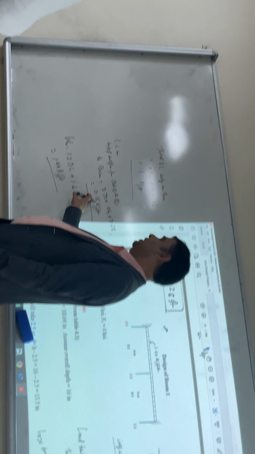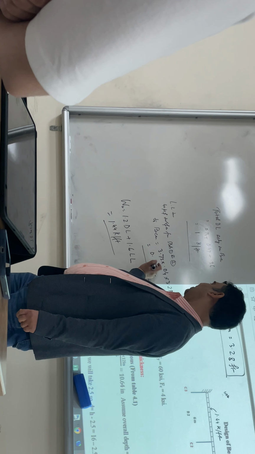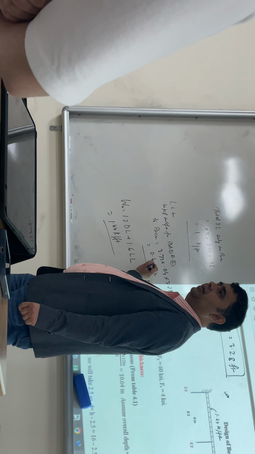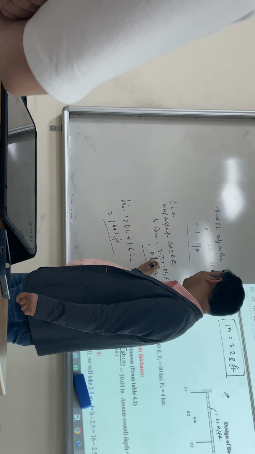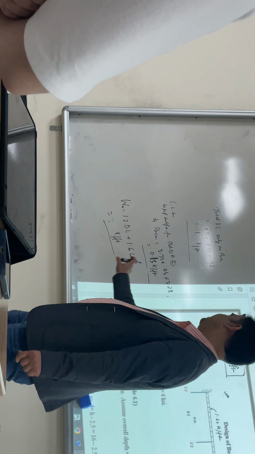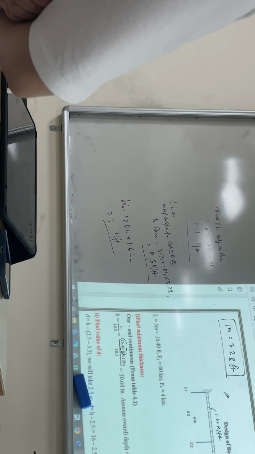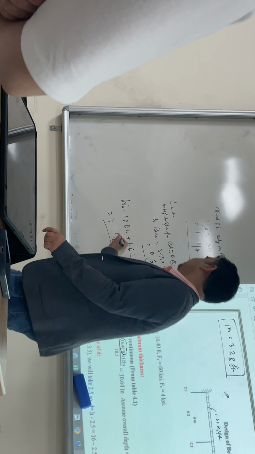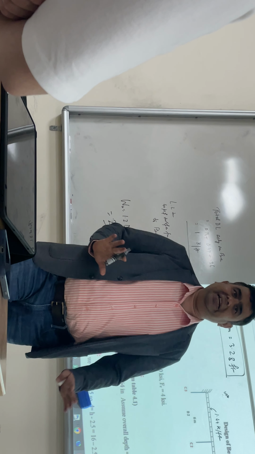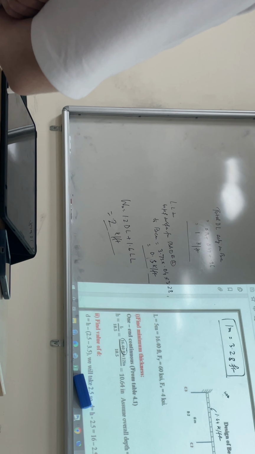How much is coming here? 0.5. So just put it here. How much is coming here? 2 kilo per feet. Got it? Sorry, 2 kilo per feet.